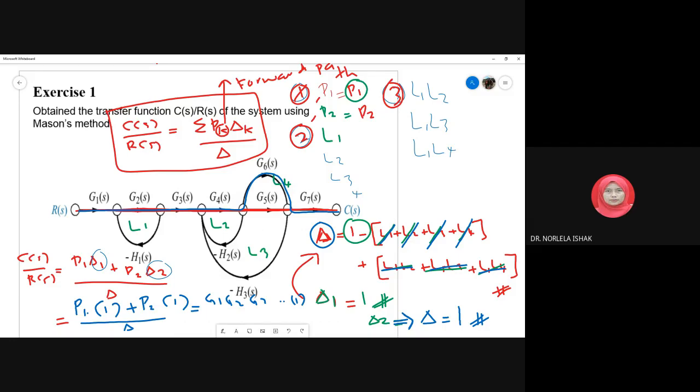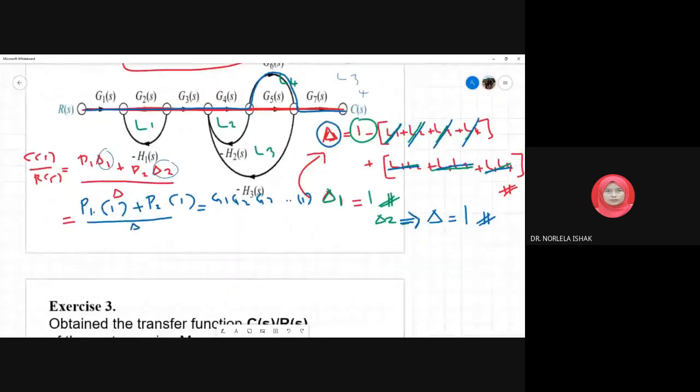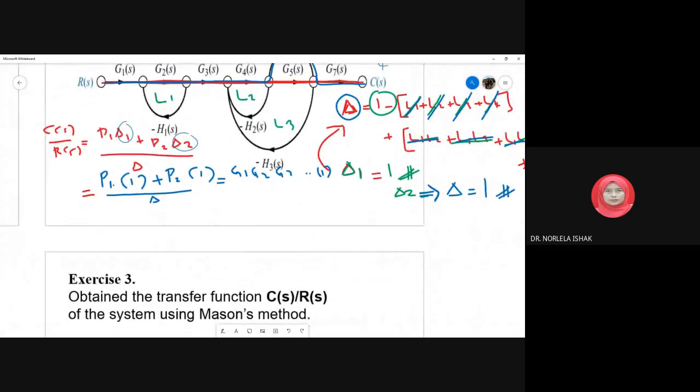Okay, that is the way to include all the elements into the transfer function formula. Any question? Okay, wait. How to define? So P1, P2. So you have to give what P1 is. What was P1 again?